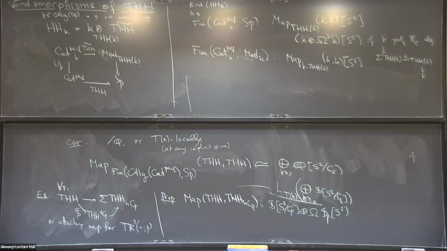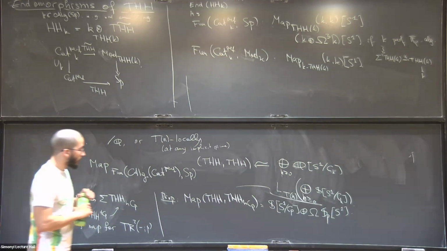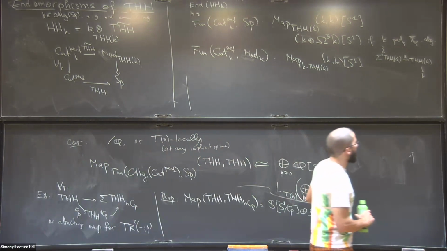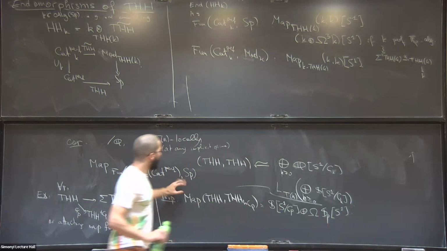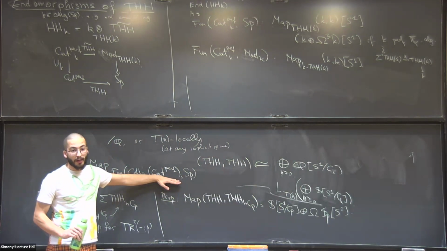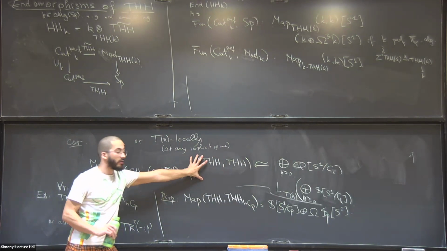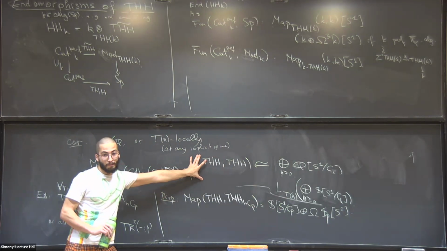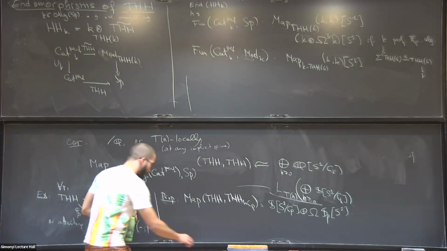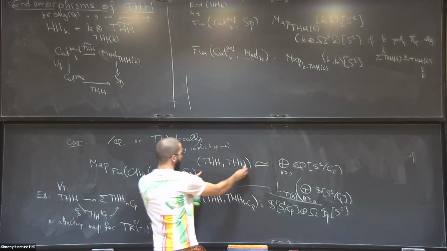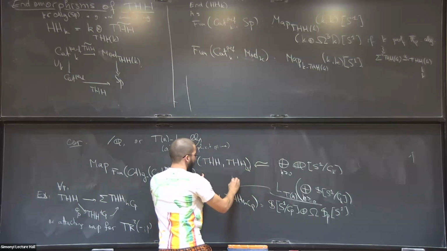Other questions? The last sentence, you wrote a proposition and then you said you don't know the answer. Answer to what? I don't know the answer to this if you don't do it rationally or TN locally. Like if you just ask for this. So here, what I really mean is if you do maps from THH to THH Q, or maybe to THH TN localized.